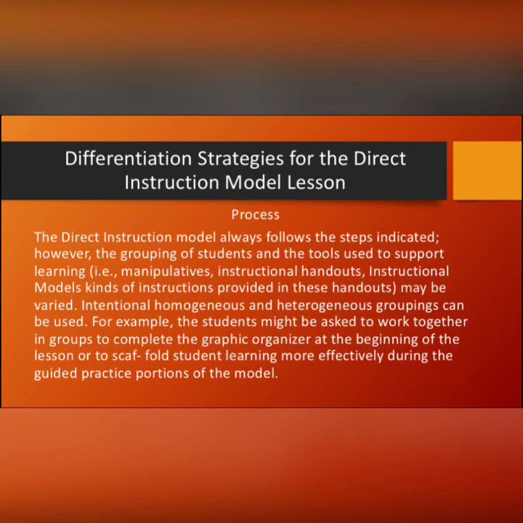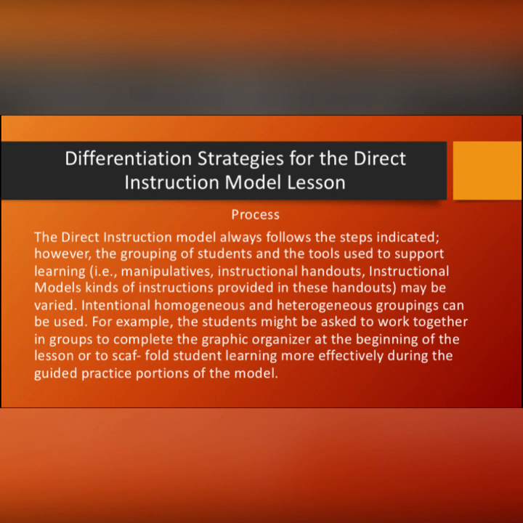The next is process. The direct instruction model always follows the steps indicated. However, the grouping of students and the tools used to support learning, for example, manipulatives, instructional handouts, instructional models, and the kinds of instructions provided in these handouts, may be varied.